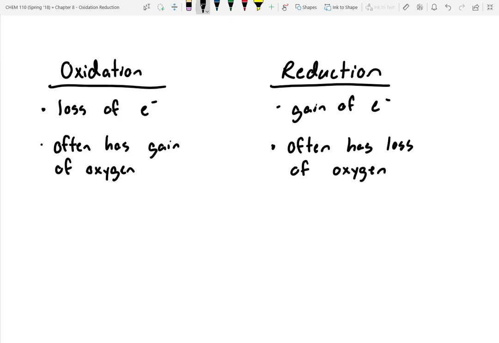It depends. And then conversely, you can look at hydrogen too. With oxidation, there's often a loss of hydrogen. And for reduction, there's often a gain of hydrogen.